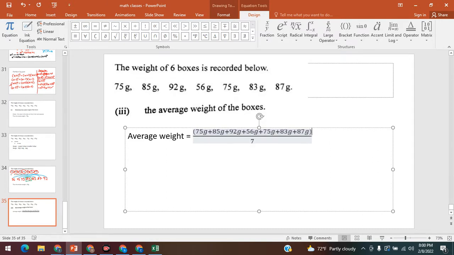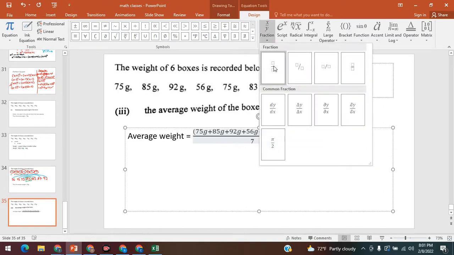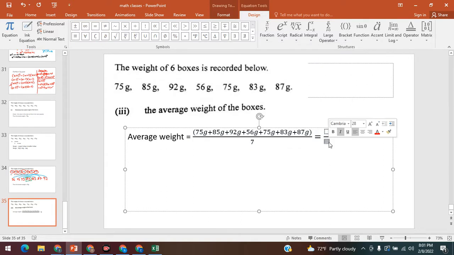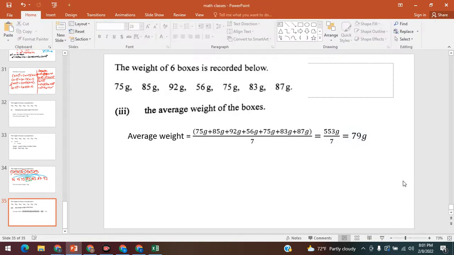So this is going to be equal to 553 grams divided by 7, which is equal to 79 grams. And that's how we do it. Very, very simple.